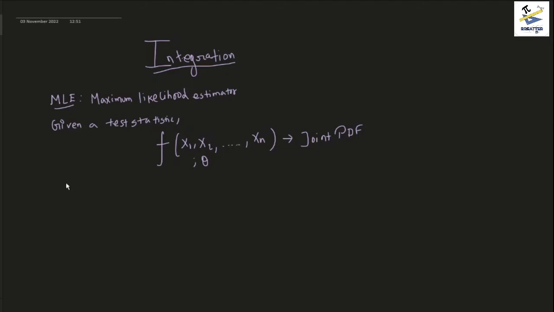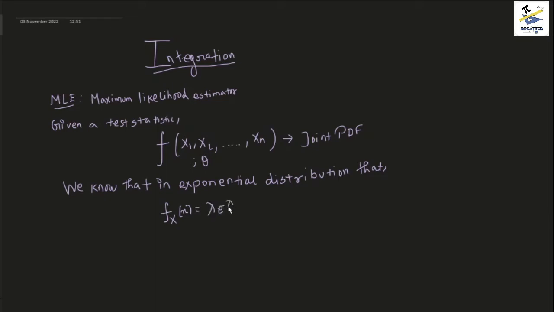Now in exponential distribution, we do know that f of x is simply equal to lambda into e to the power minus lambda x, right?